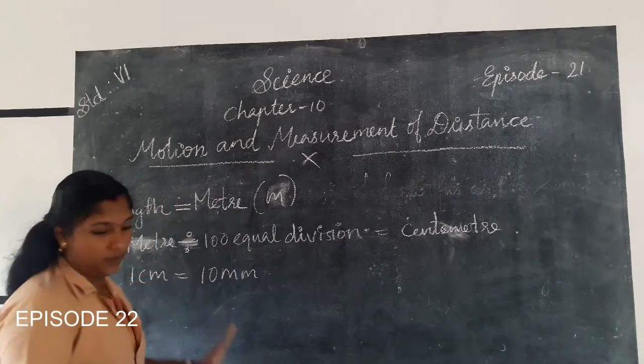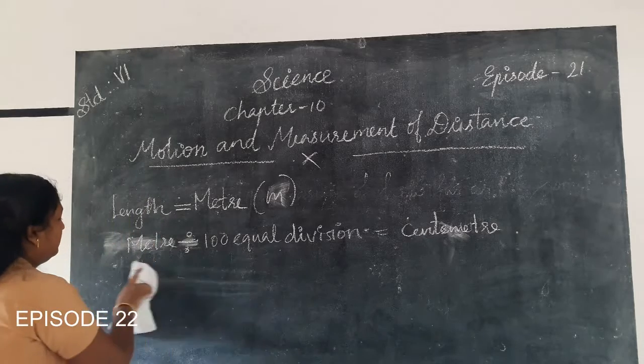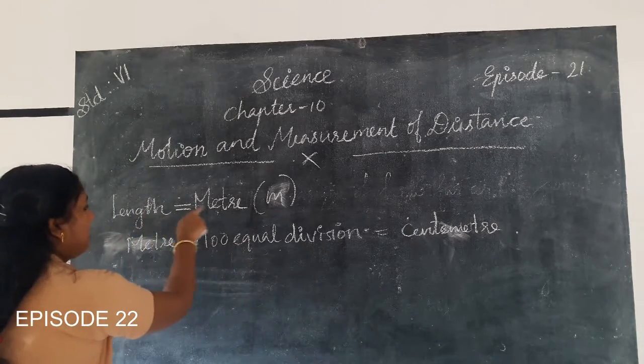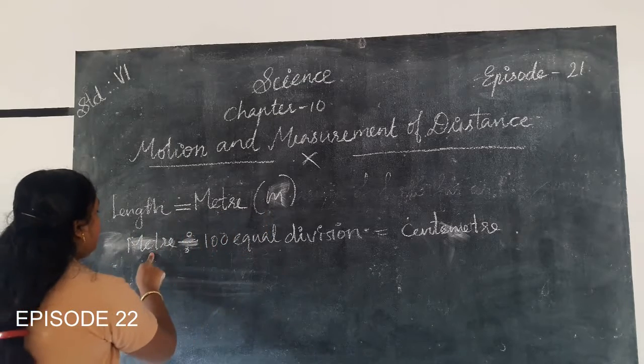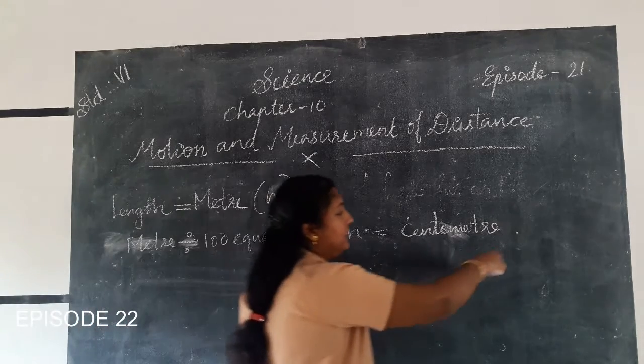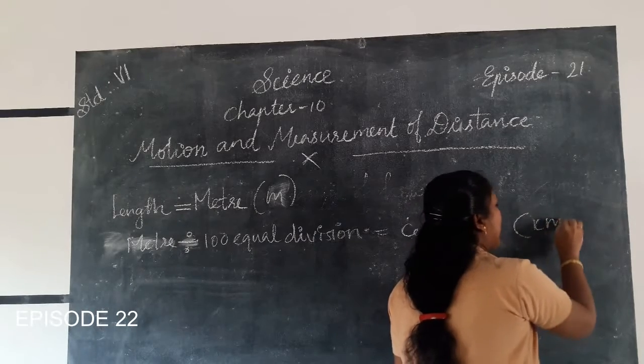Once again, all of you listen. We know that the unit of length is meter. The meter can be divided into 100 equal divisions. It is called centimeter, denoted by cm.